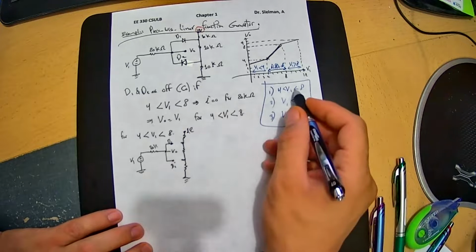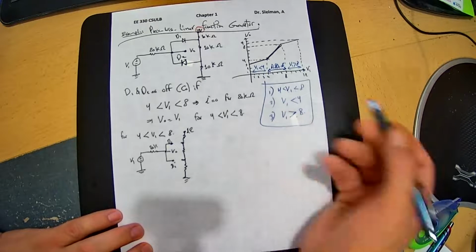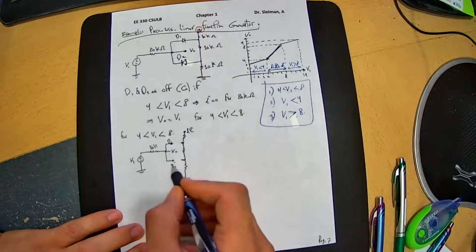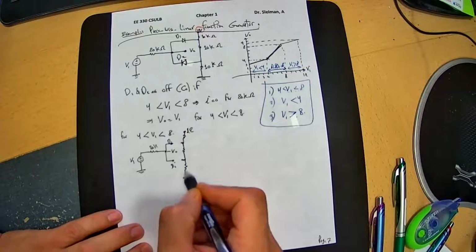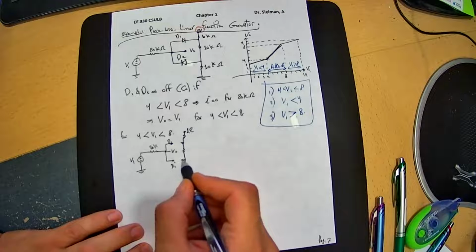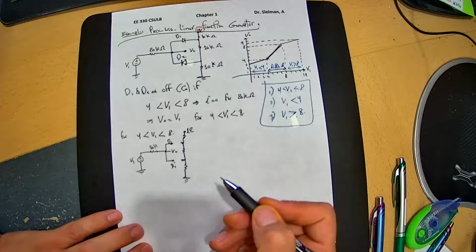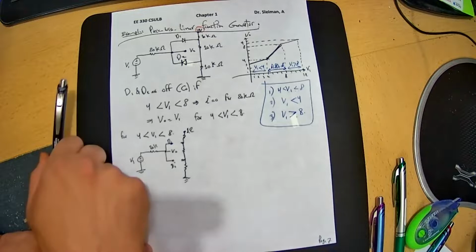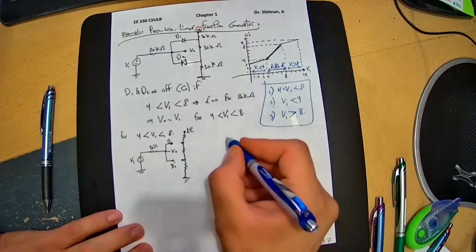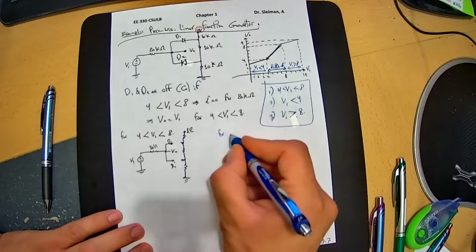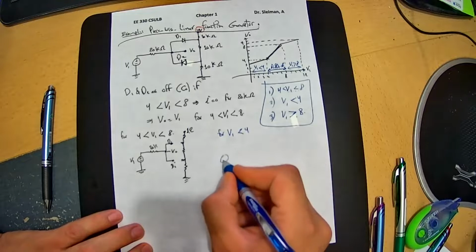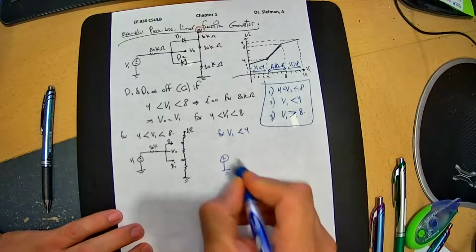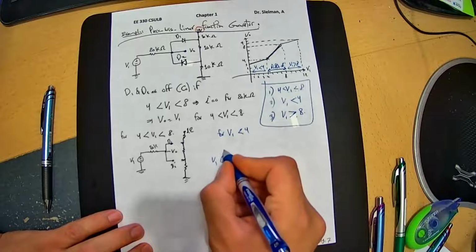And also V1 is less than 8, so it has to be less than or equal to 0 to conduct. So it can't be a short circuit here. So most likely it's open circuit. Let's go to case number 2. Maybe you will understand this a little bit better when I explain what happens when V1 is less than 4.